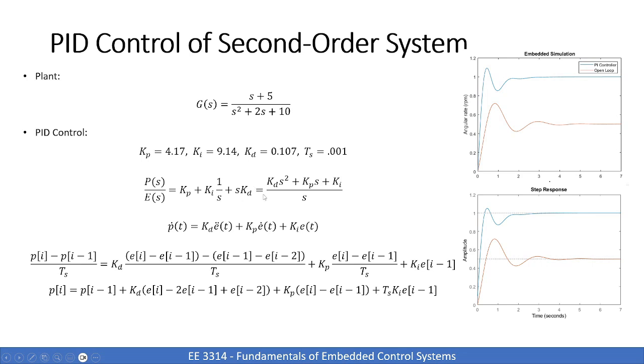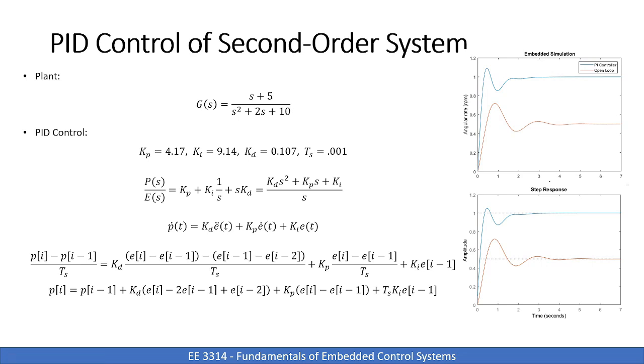If we convert that to a differential equation, we basically get p dot, that's from the s on the left, and then we have e times this polynomial here, which gives us Kd e double dot plus Kp e dot plus Ki times e.